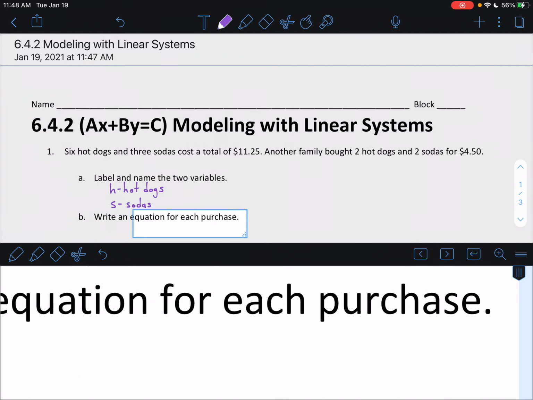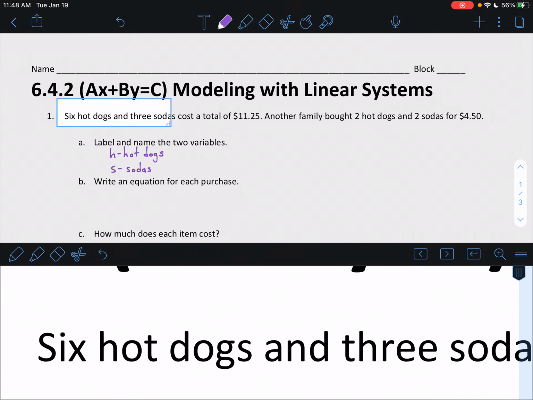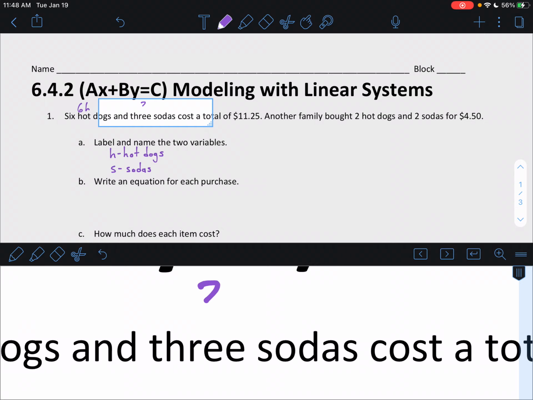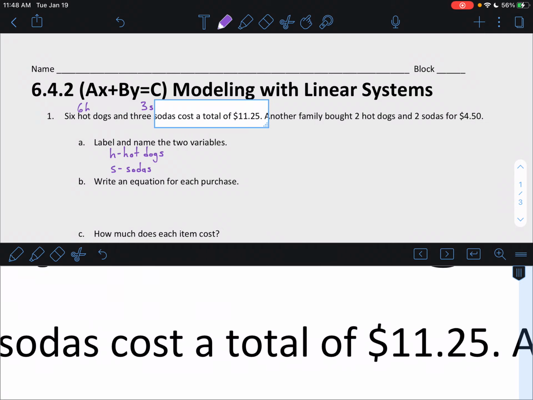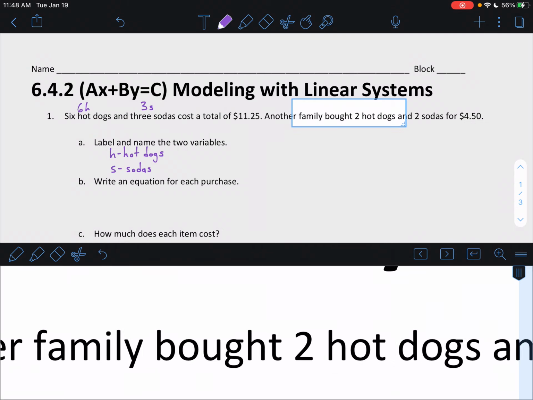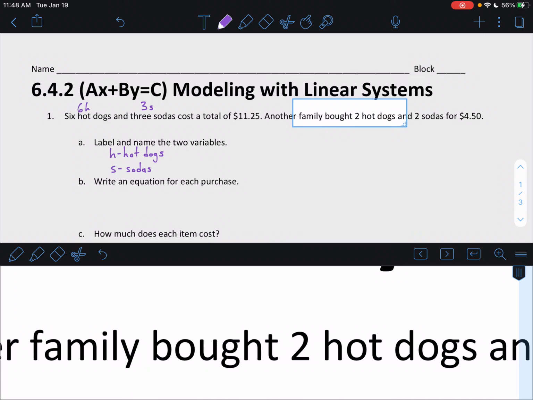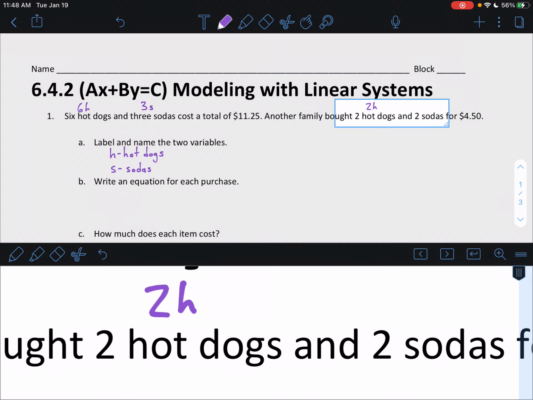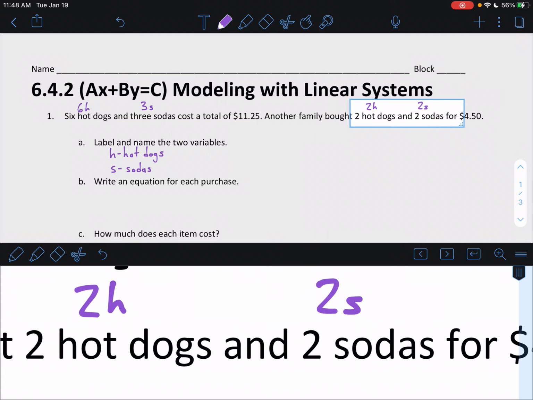So I want to write an equation for each purchase. This family bought 6 hot dogs and 3 sodas to get $11.25. This family bought 2 hot dogs and 2 sodas for $4.50.